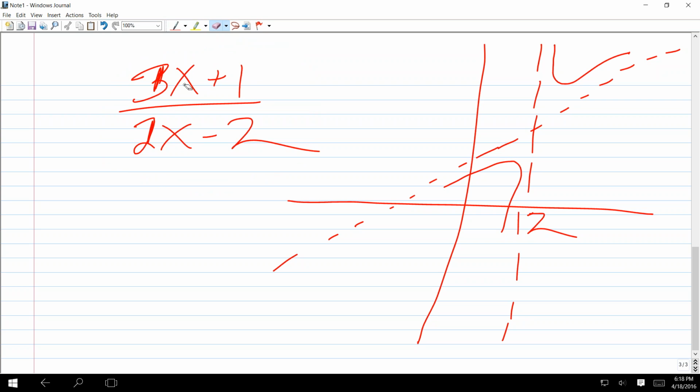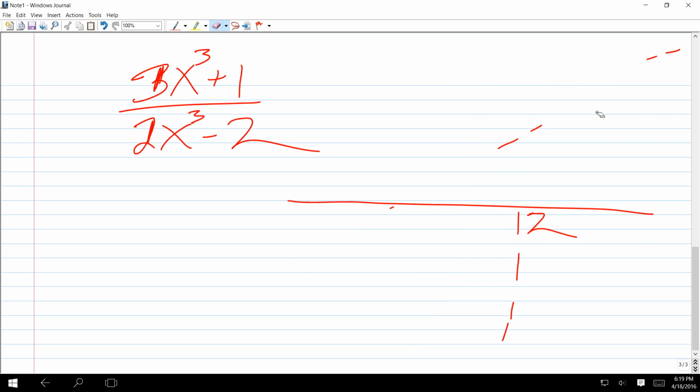The only 2 situations they're going to give you is where they're equal. Even if that was x cubed and that's x cubed, horizontal asymptote is at 3/2. It doesn't matter what else.